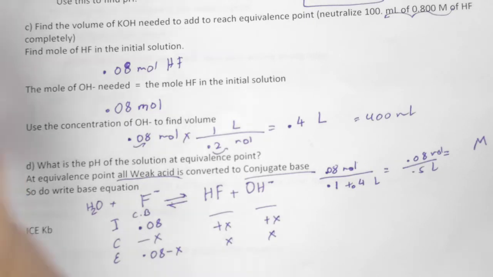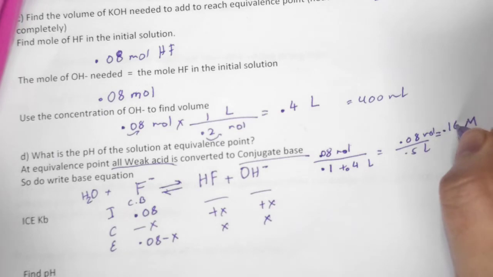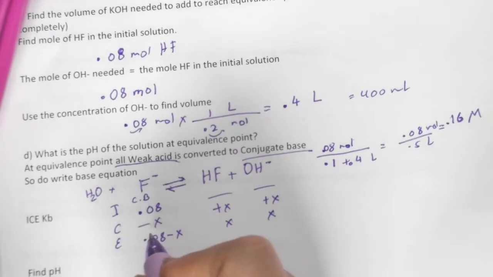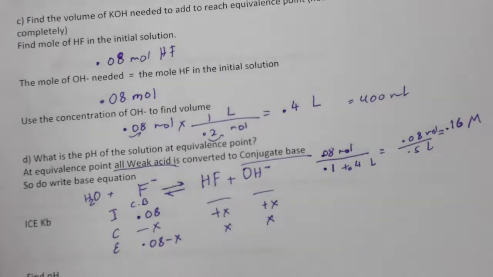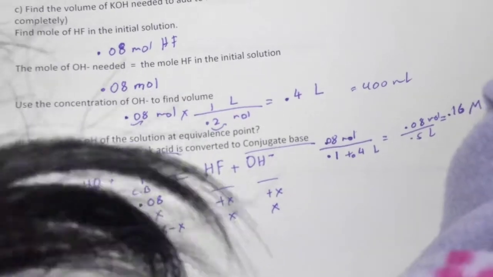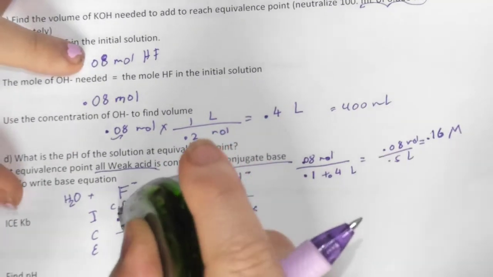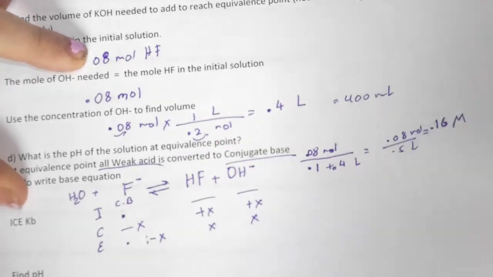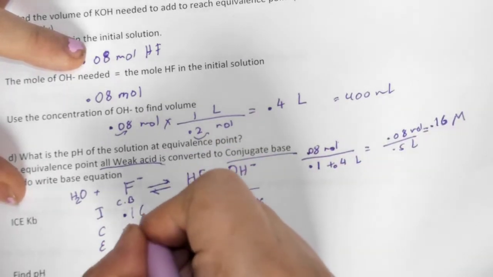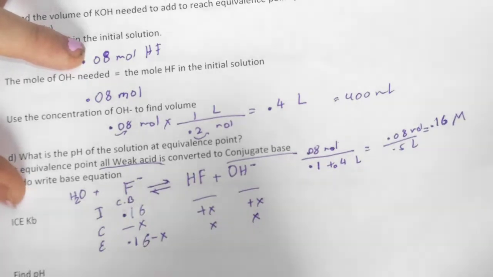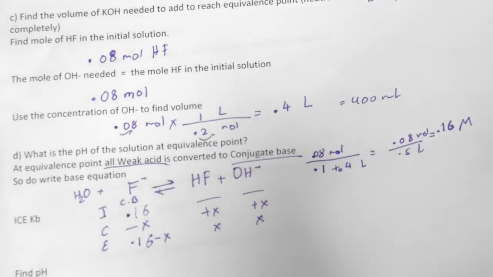So that is 0.16. For that reason, I would erase this and use 0.16 instead. So hold on a second. Okay, let's do that. I will go ahead and use that number, 0.16.